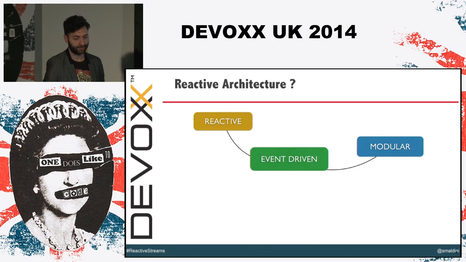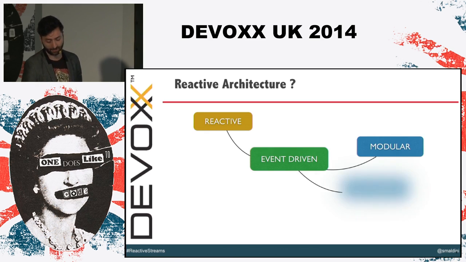Modularity is an interesting consequence of event-driven, because when you go event-driven, you react on signals and break the strong bond you have between two pieces of application code. You don't ask for your logic to execute straight away. That's a nice, modular aspect.